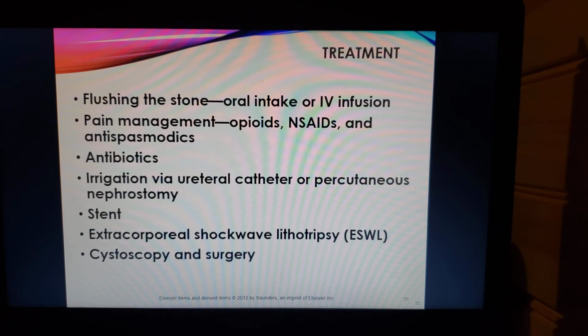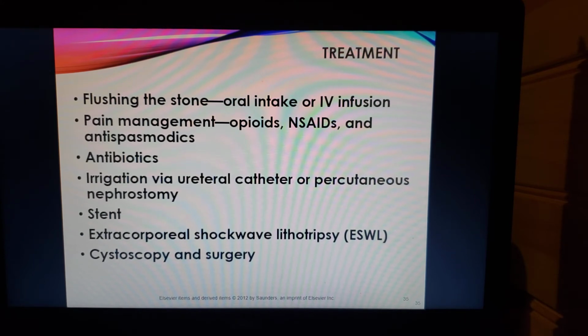Treatment, we want to flush the stone if possible, so the patient's going to get an IV. We're going to push fluids to try to help the stone flush through the system. We're going to implement pain management: opiates, NSAIDs, and antispasmodics. Implement antibiotics as needed if there's an infectious process present.